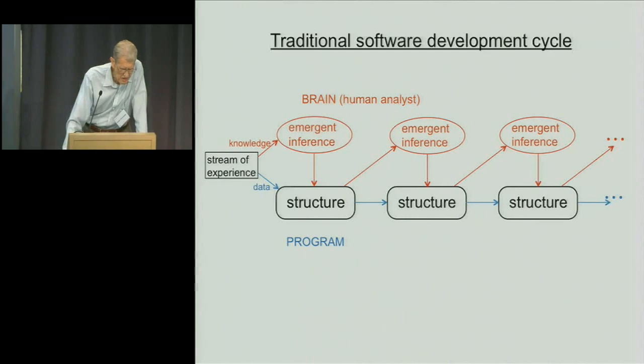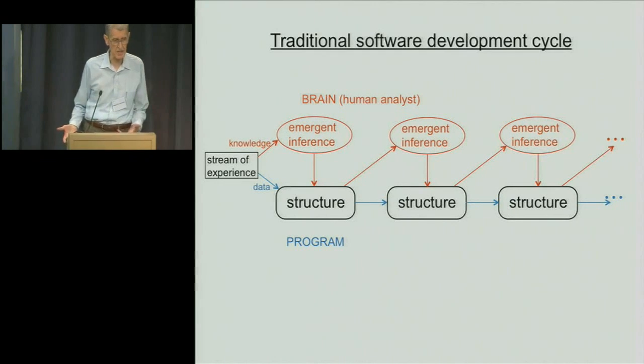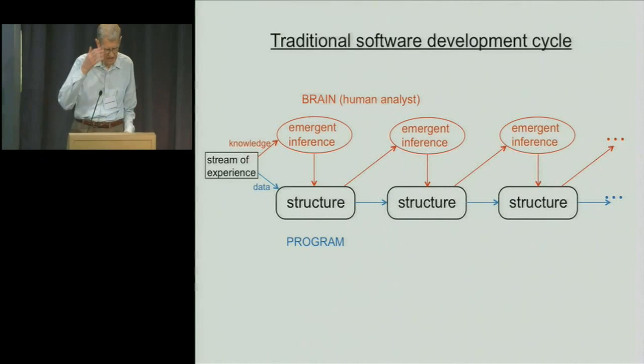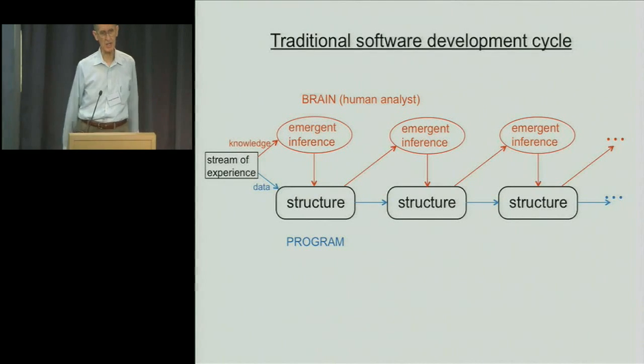So there is a stream of experience that's called knowledge. It goes to the brain. If you are a user, you talk to the analyst, not to the program. And the analyst thinks of what the subject matter engineers are telling him and creates some structures, which are going to be the program, the final product.